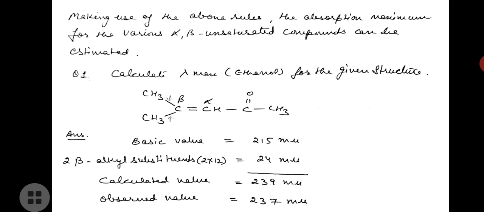Now two alkyl substituents are there at the beta position, so it is 2 into 12, so it becomes 24 millimicron. So now the calculated value is 239 millimicron. The observed value is 237 millimicron. So this is a very simple example.